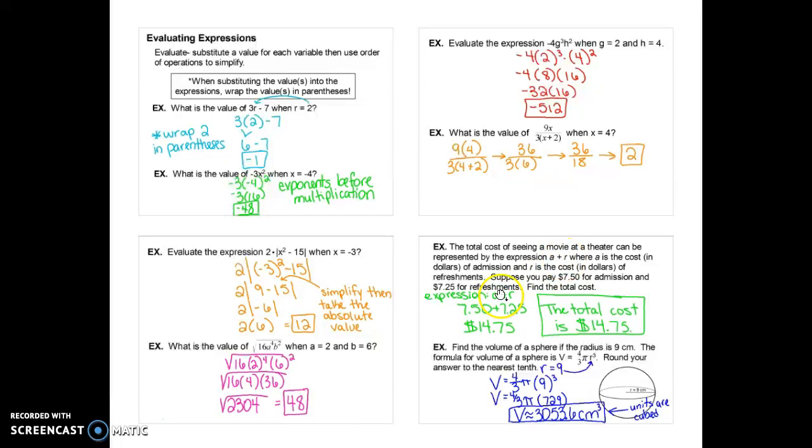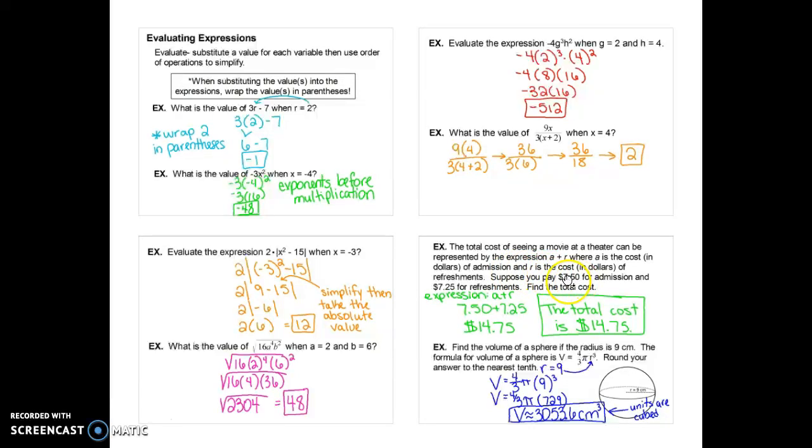Okay. So suppose that you pay $7.50 for admission and $7.25 for refreshments. We need to find the total cost of our trip to the movie theater. Okay, so the first thing you want to do is rewrite that expression that they gave to you. Our expression is A plus R. I am then going to substitute in my values.